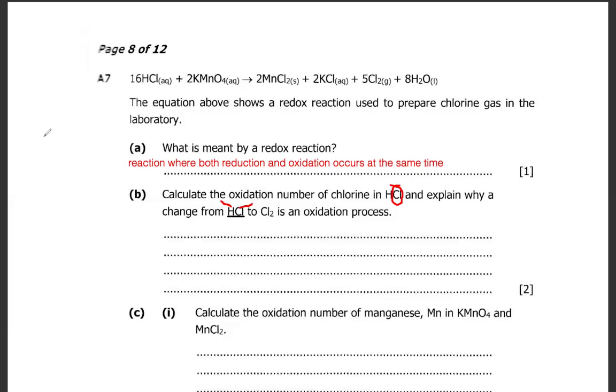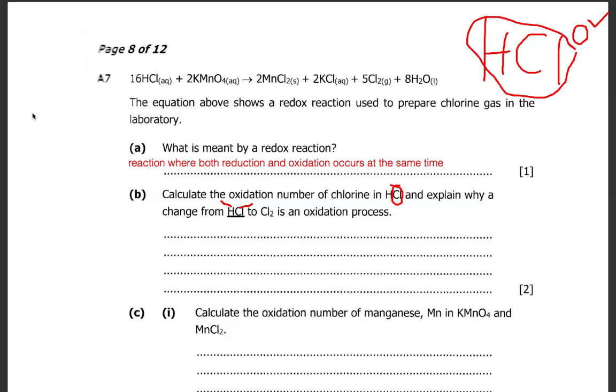The overall charge in HCl is 0. This is a compound which is not charged. So when determining the oxidation state, whatever computation we do must be equated to 0.